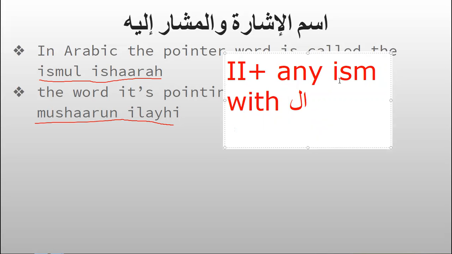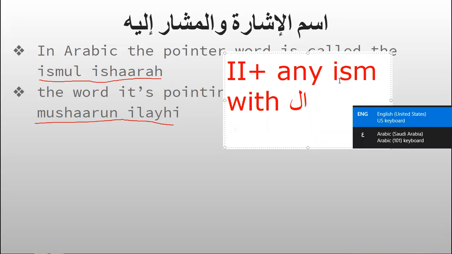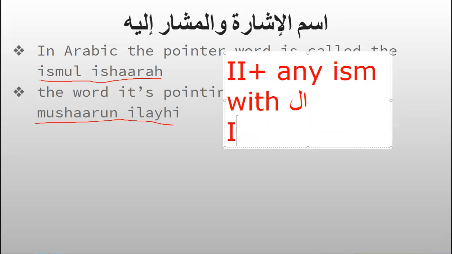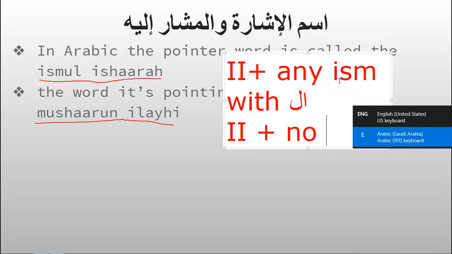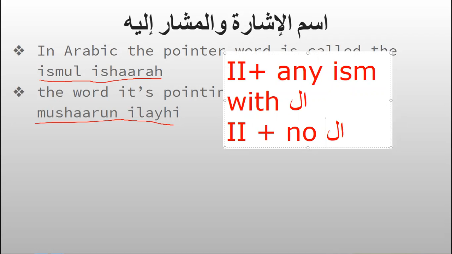And if you see Ismul Ishara plus no al, then it's a sentence. Easy enough? Ismul Ishara immediately, no gap in between. If you see any Ismul Ishara followed by any ism with al, then it's a fragment.